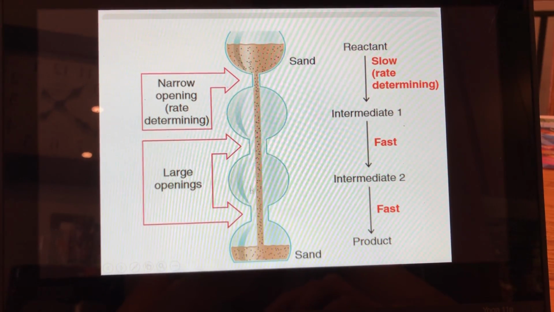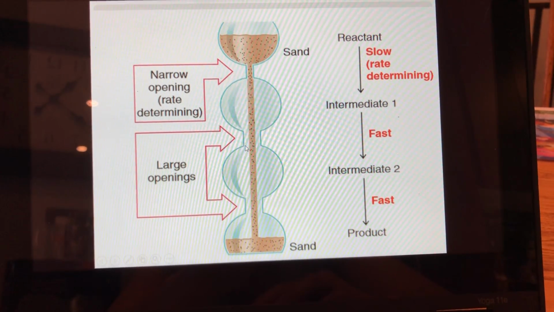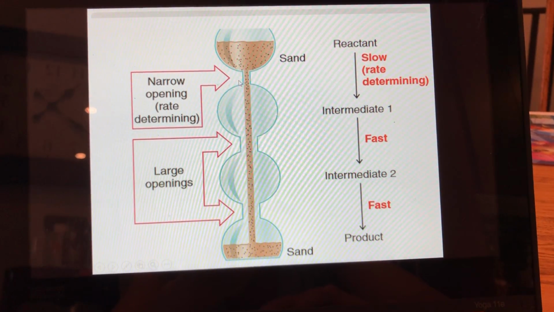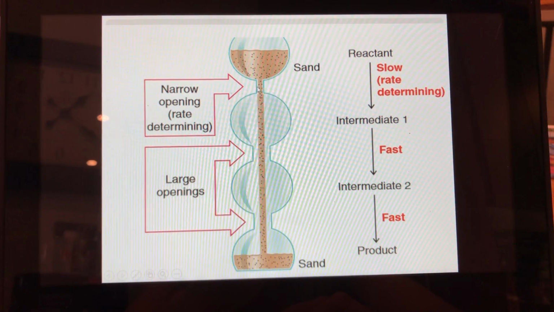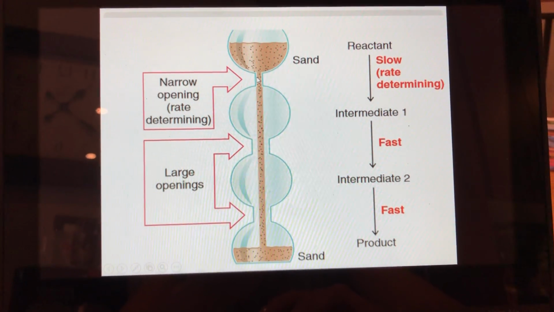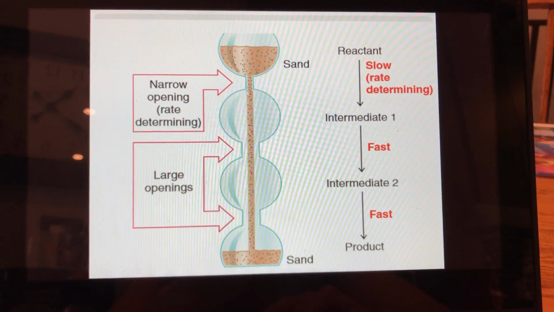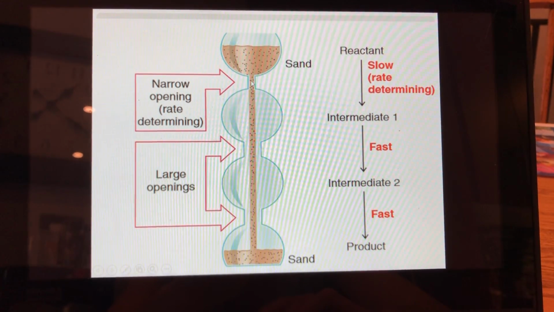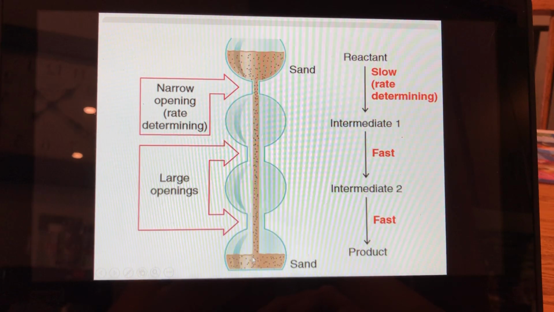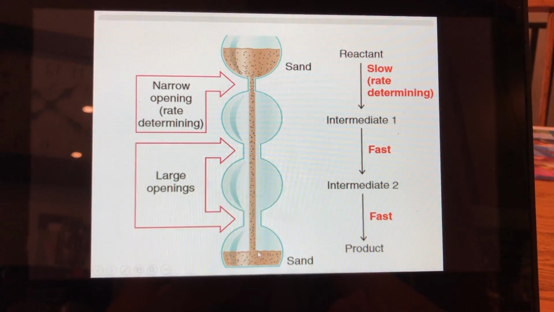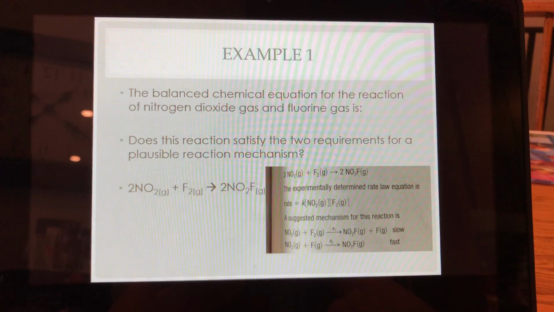Notice that these 2 openings are a lot bigger than this opening here. Therefore, this opening here is the slowest step and is the rate determining step. So this step right here determines how fast the overall reaction of the sand falling to the bottom is.